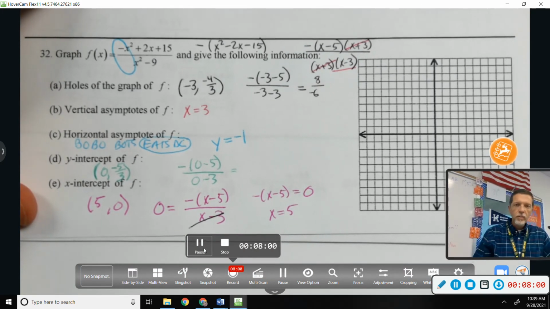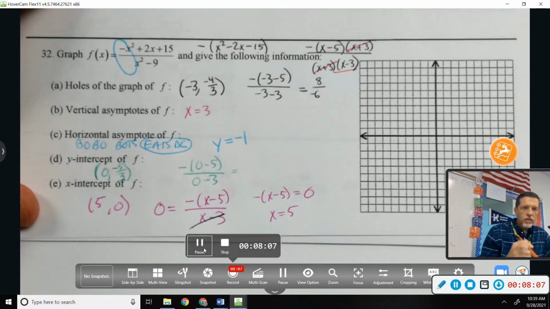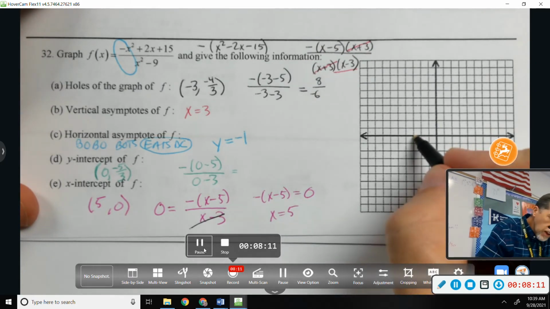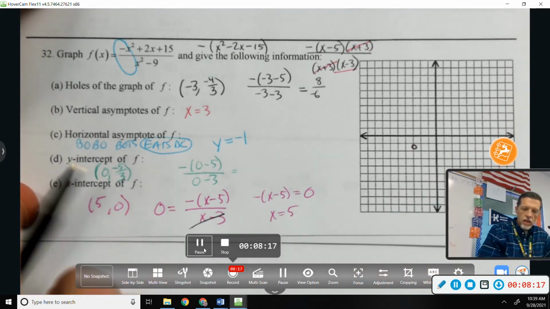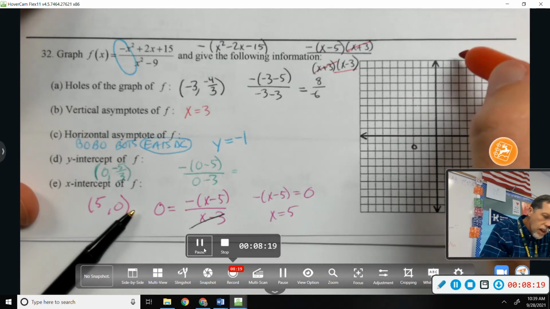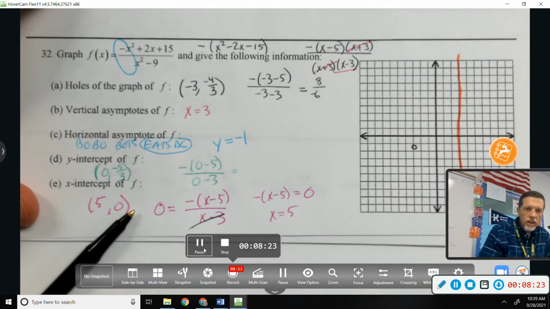Alright, let's see if we can put all of that information on the graph. Hole first: -3, -4/3. Vertical asymptote x equals 3.